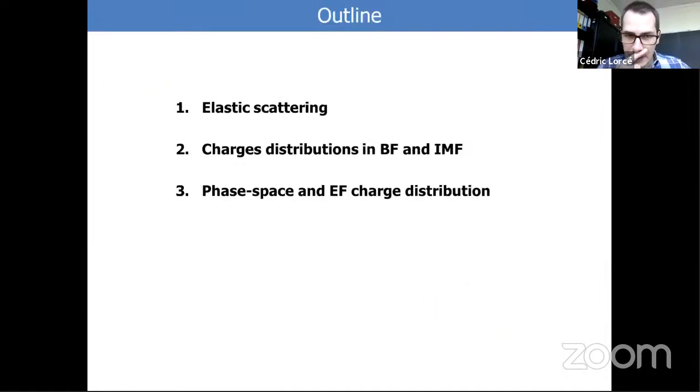So this is basically the program I wanted to discuss today. We start with a few words about elastic scattering and the physical information we can get from this kind of experiment, and especially come to the notion of charge distribution, in different Lorentz frames, so different observer frames.